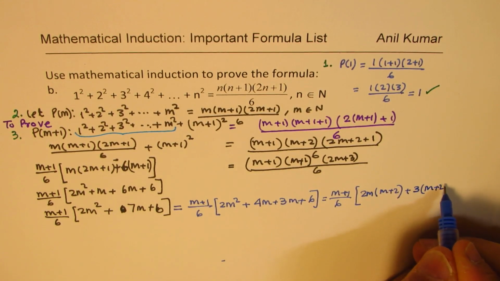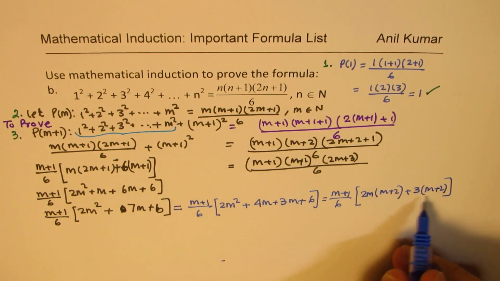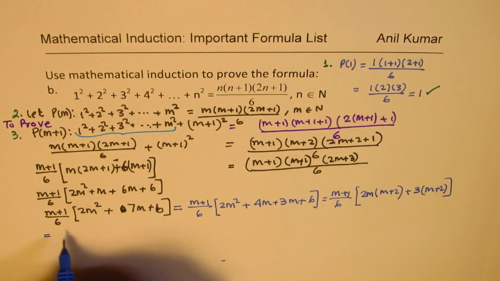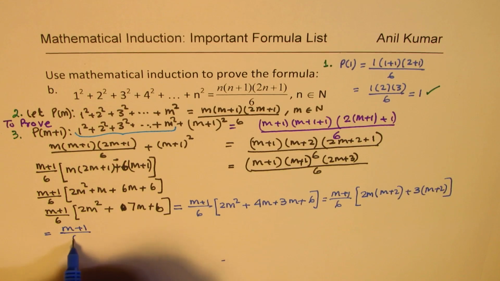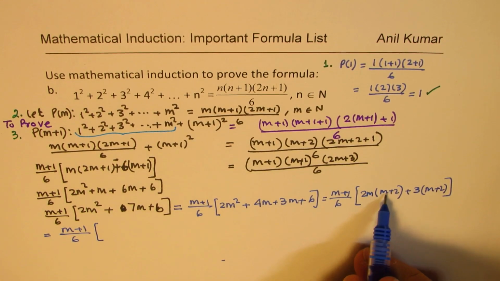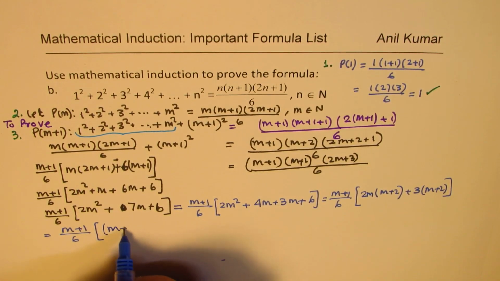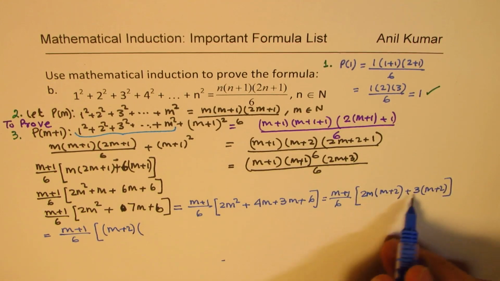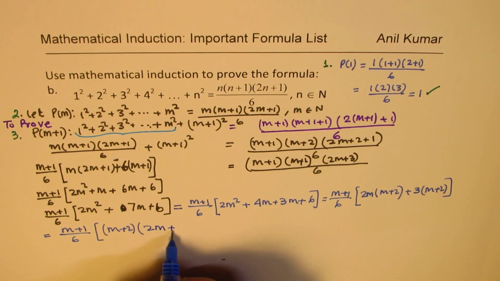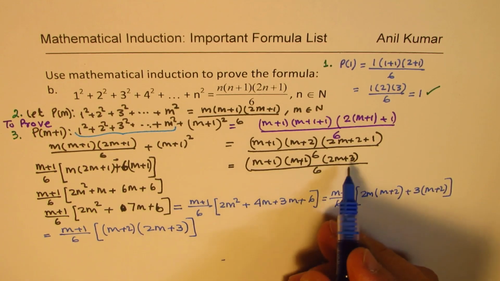We get m plus 2 there also, right? And then we can write this as m plus 1 over 6 times what? So m plus 2 is common, and we get 2m plus 3. Correct?